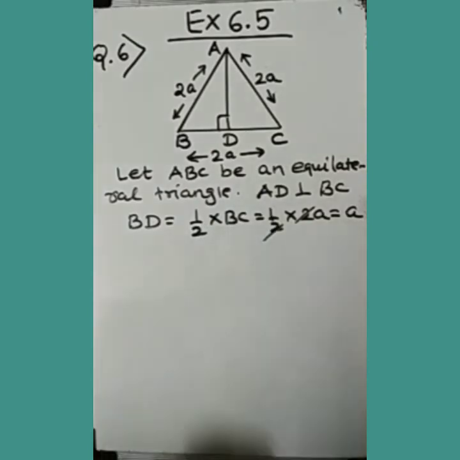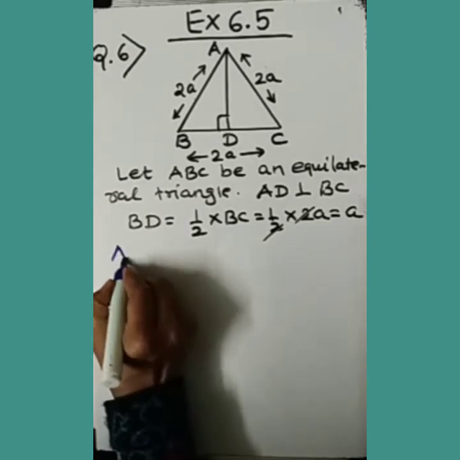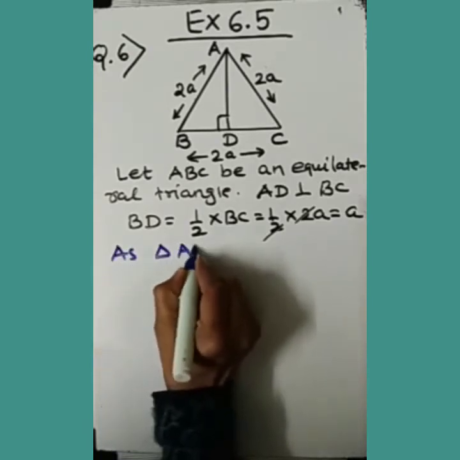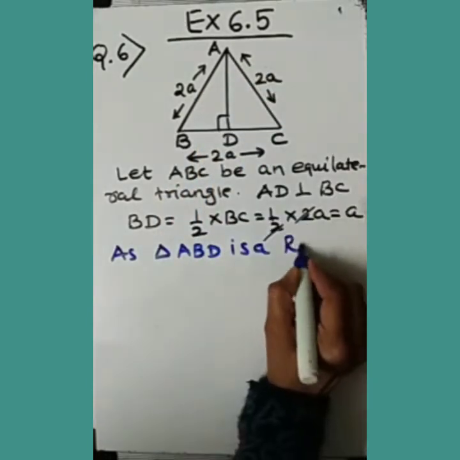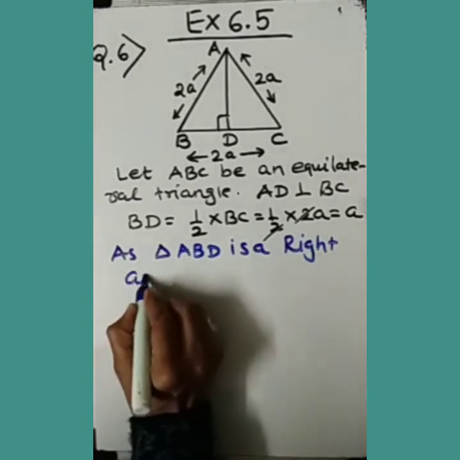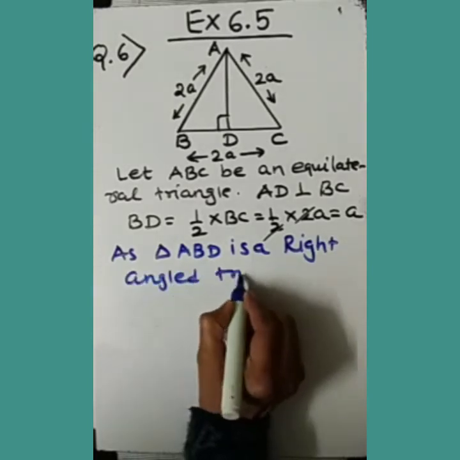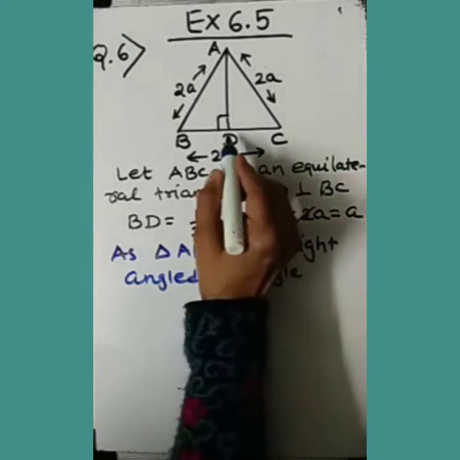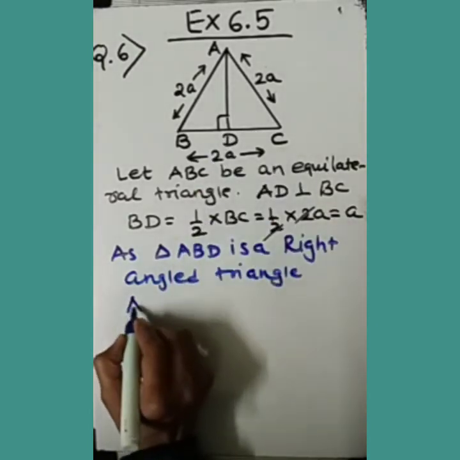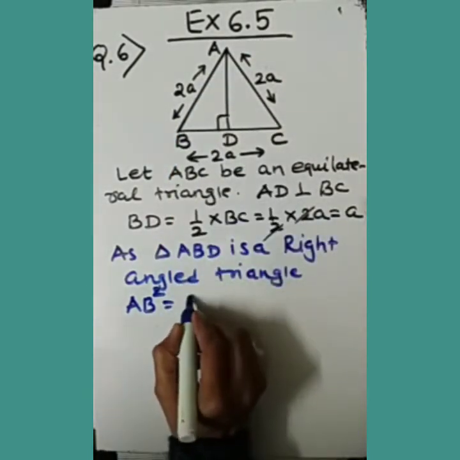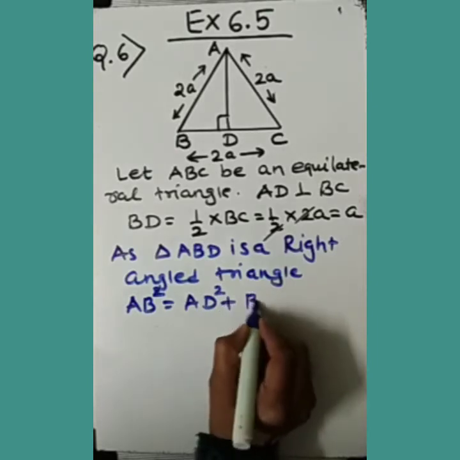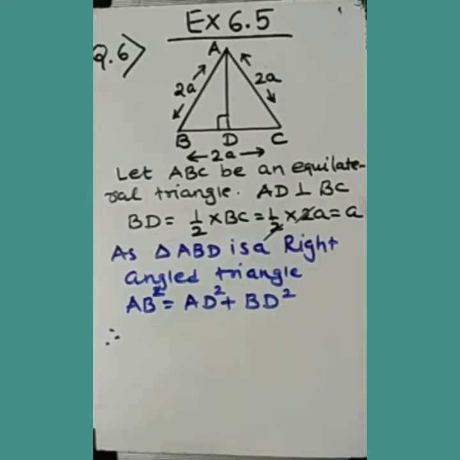Now we use the Pythagoras theorem for triangle ABD, as triangle ABD is a right angled triangle, right angled at point D. So AB square equals AD square plus BD square. Now let's put in the values.